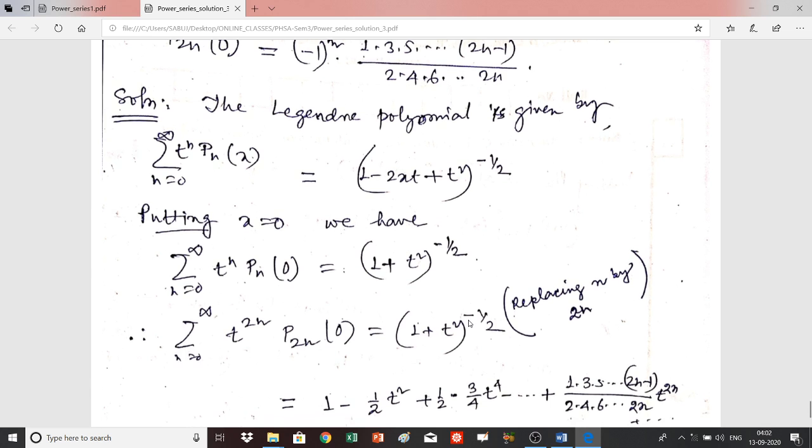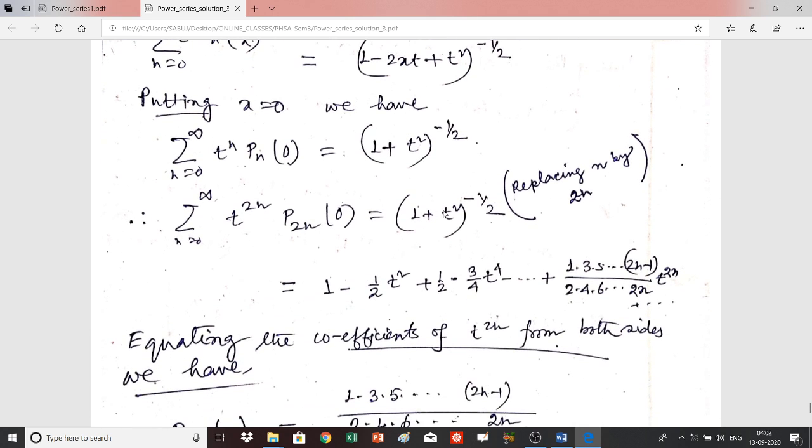Now if you expand this in series, you will have 1 minus half t square plus half into 3 by 4 t to the power 4 minus plus, and so on, 1, 3, 5. In this fashion the last term will be 2n minus 1 in the numerator, and the last term in the denominator will be 2n, and here 2 to the power 2n is also written.